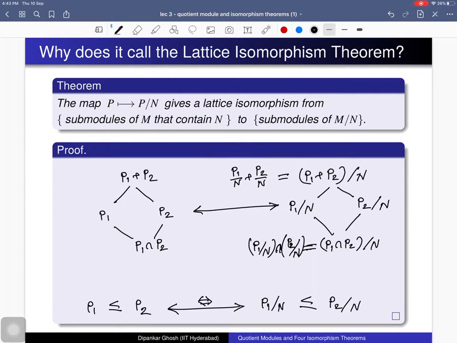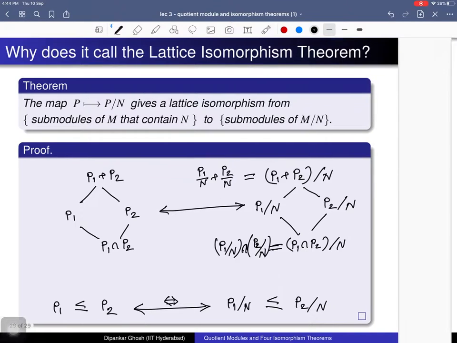So there is a lattice isomorphism. That is why we call it the lattice isomorphism theorem. I'll stop.